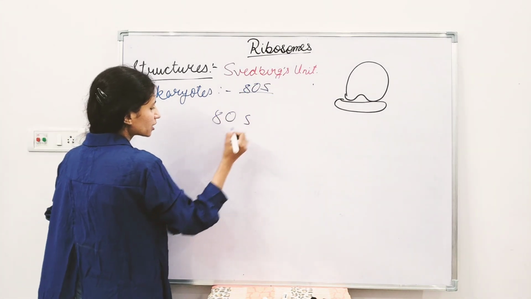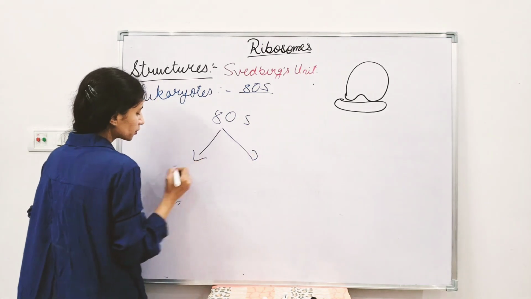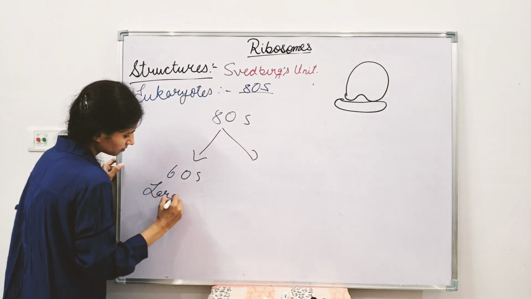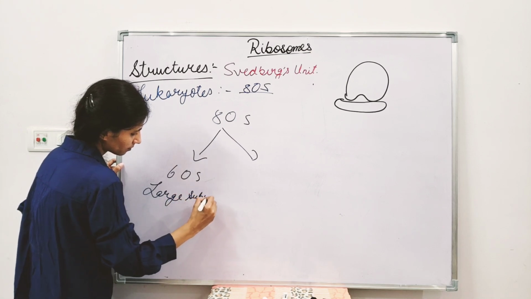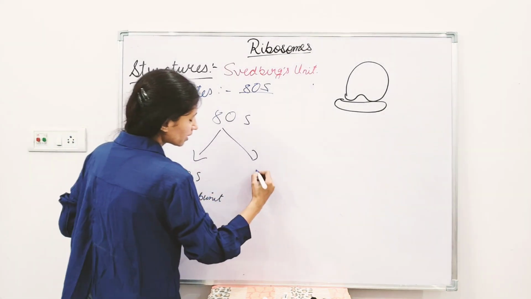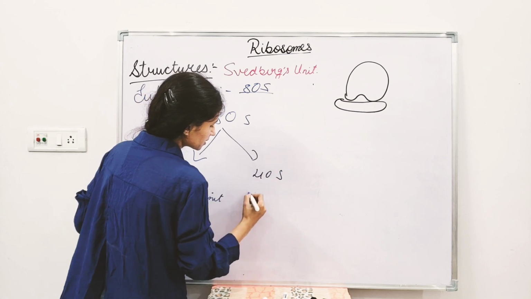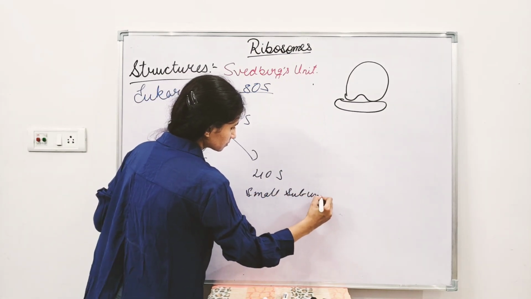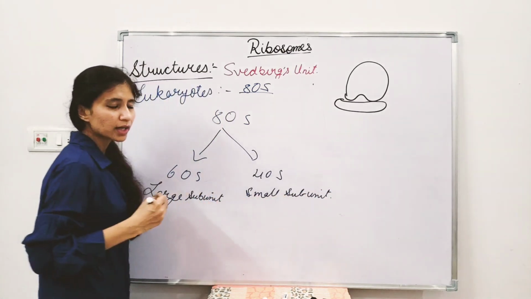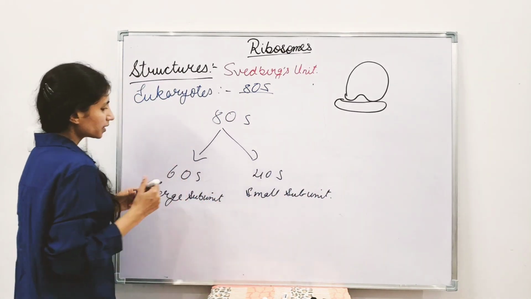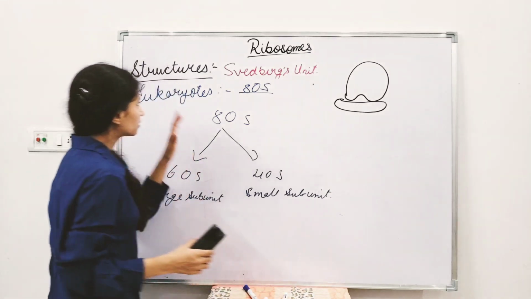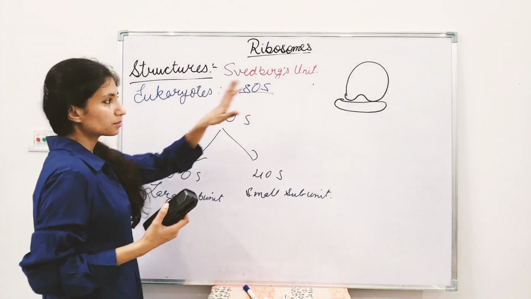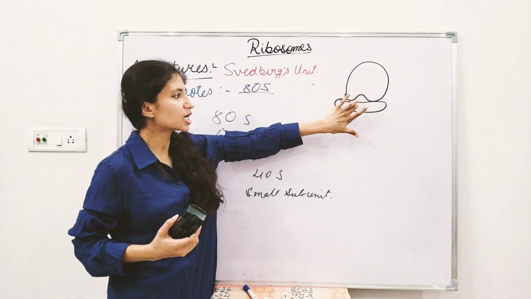The 80S ribosome also has two subunits, one is 60S, that is the large one, and 40S, that is the small subunit, okay. Now moving ahead, we have seen that the ribosomes have two subunits, the large one and the small one.